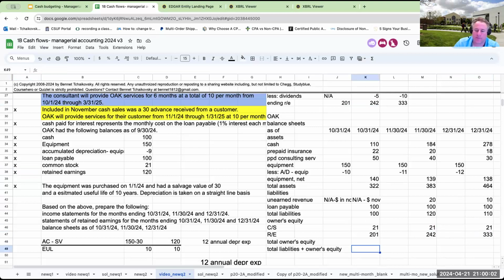So my total owner's equity is going to be 222, 263, and 354. And let's hope this balances. Liabilities plus owner's equity is 322. My assets have to equal my total liabilities plus my owner's equity. Over here, this is at 383, which equals my total assets. And over here, this is at 464.